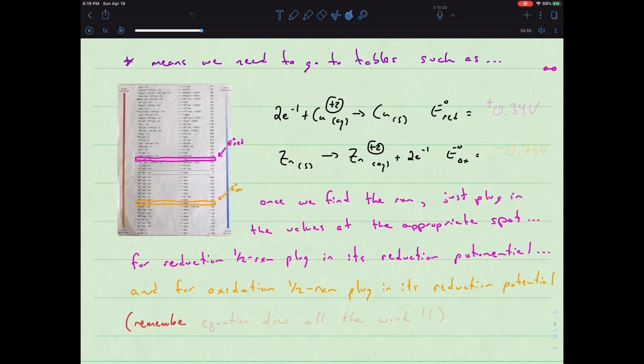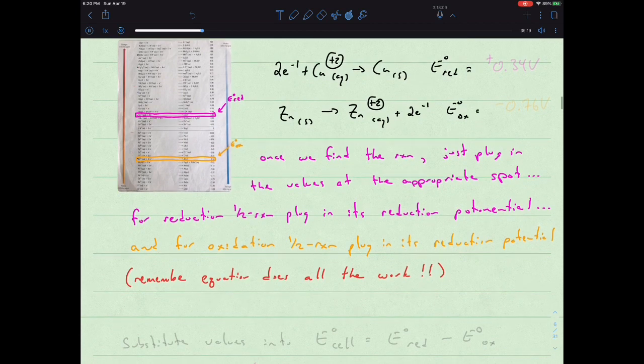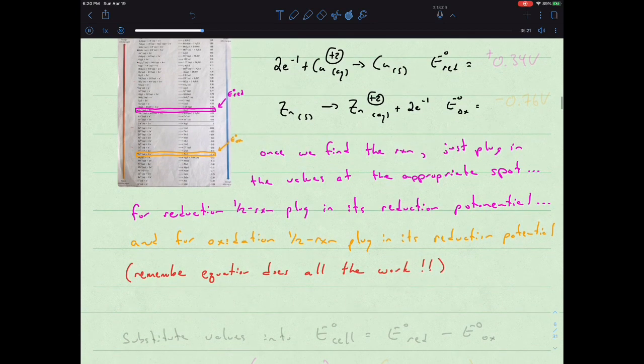Remember, the equation does all the work in terms of making sure signs are right and everything else. So that means our reduction potential above would be equal to the 0.34 volts.